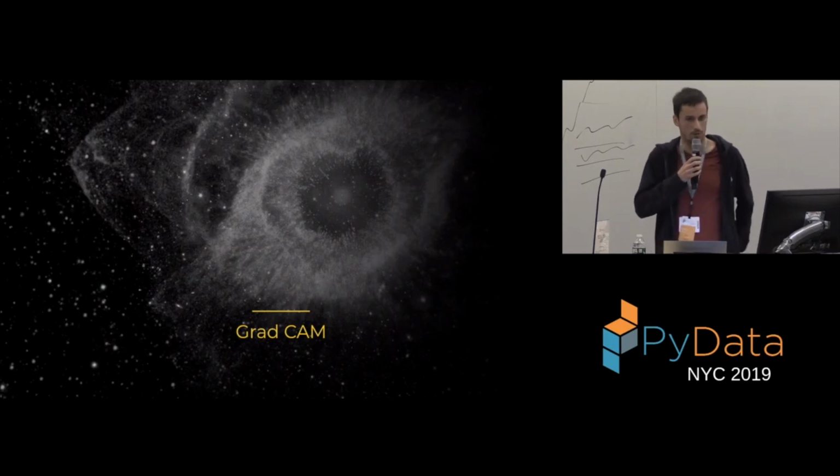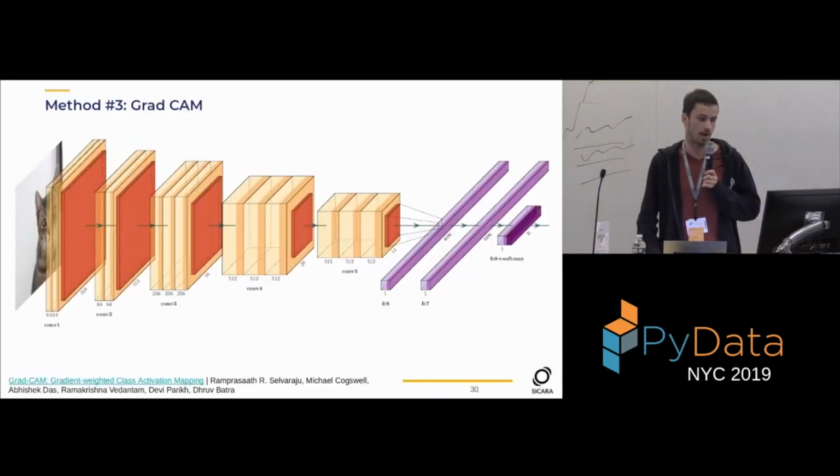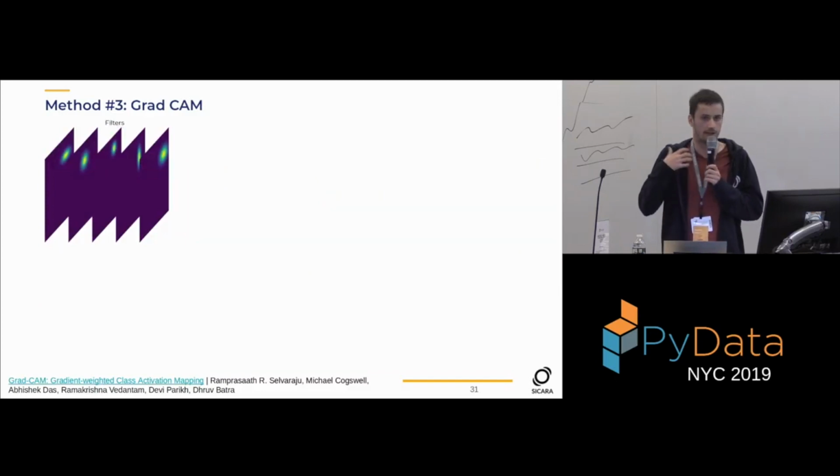So to conclude, we will explore one last method, which is called GradCam, which is based on the activation maps of the last layer of the network. So you take the last filters of your network before the dense layers, which activate different regions.